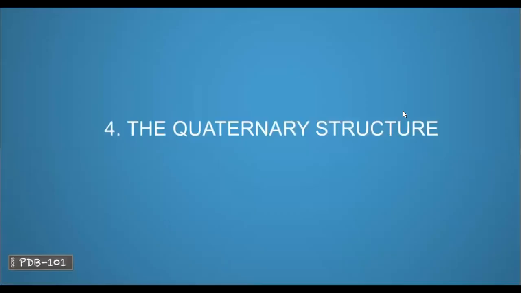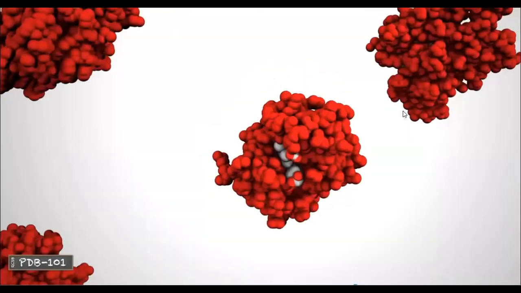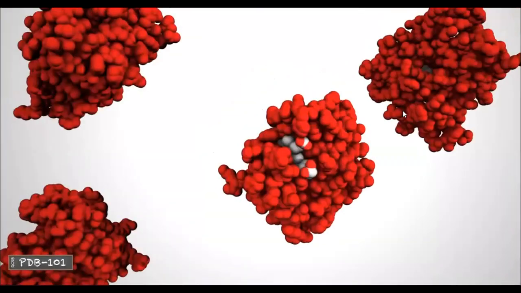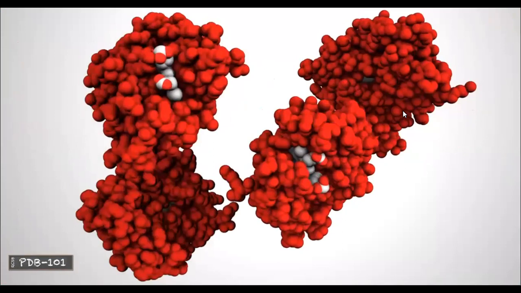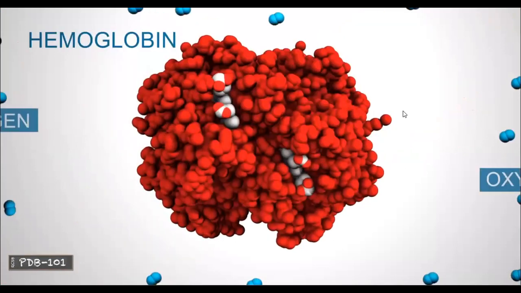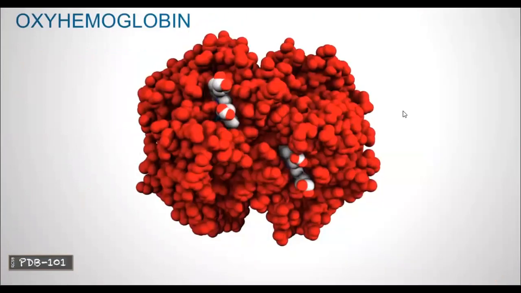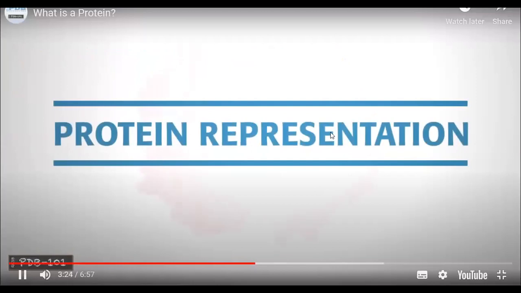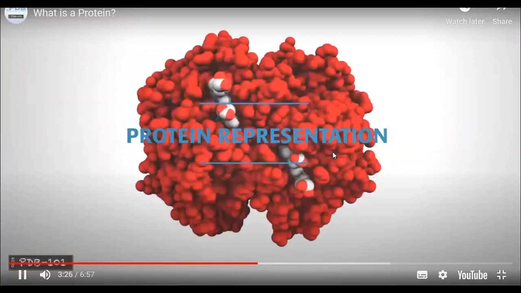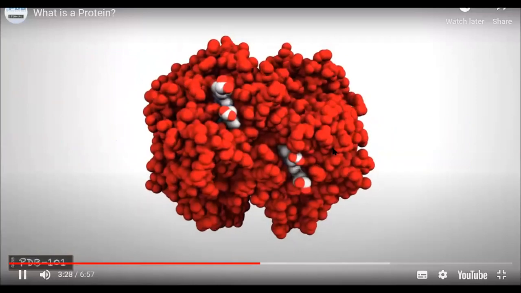Quaternary structure. Two or more polypeptide chains can come together to form one functional molecule with several subunits. The four subunits of hemoglobin cooperate so the complex can more easily pick up oxygen in the lungs and release it in the body. Different visual representations of proteins can give us visual clues about protein structure and function.